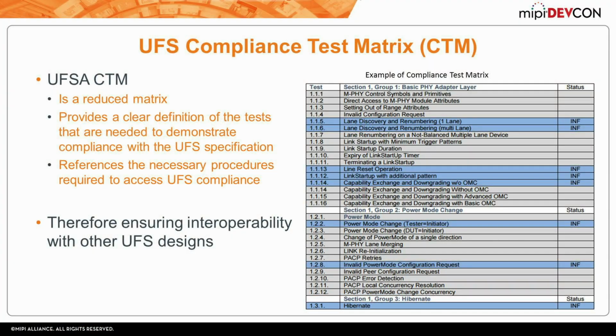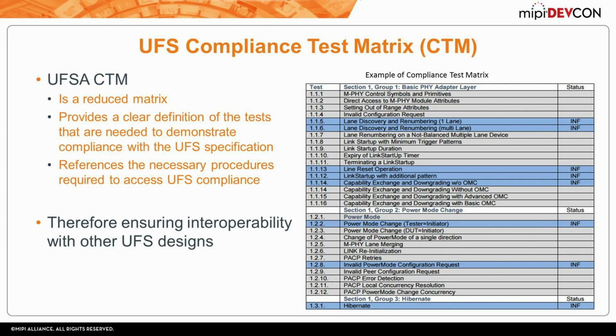So let's look a bit into the CTM itself. The CTM, like I mentioned, is a reduced matrix. The UFS is composed by 3 main building blocks. Each one has its own document with a set of tests. What the CTM did was reducing the number of tests necessary to achieve UFS compliance, but they wanted to do this without compromising the test quality.